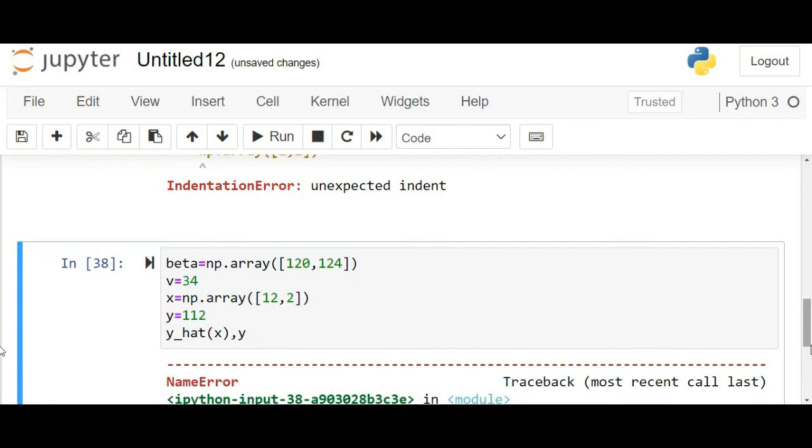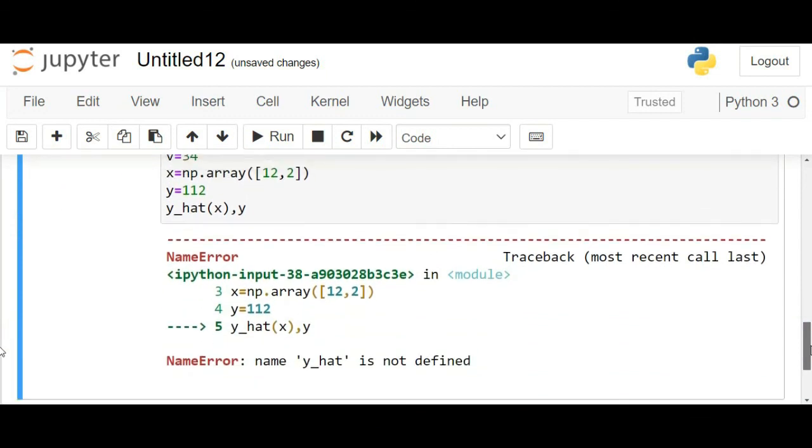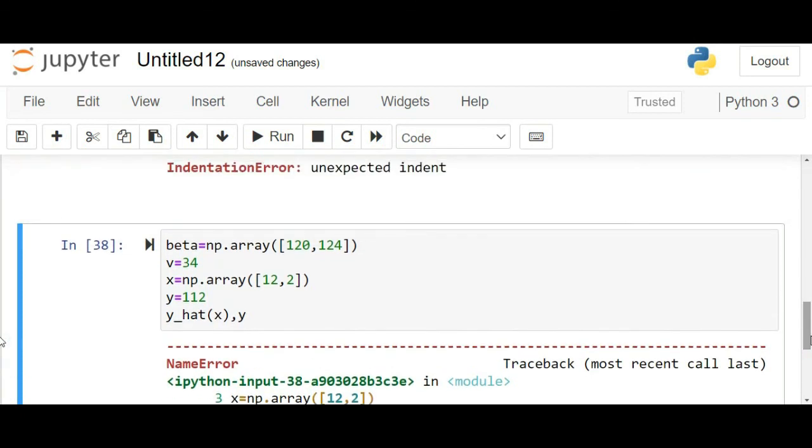So we need to have beta is equal to np.array, and where is the error? y underscore hat is giving the error. Yes, y underscore hat is not defined.